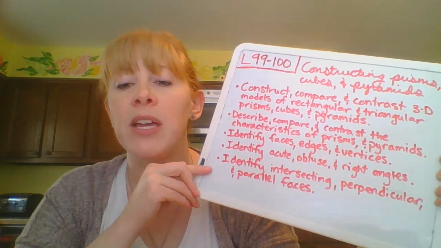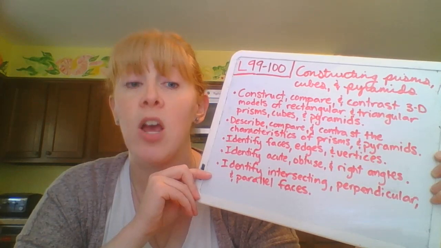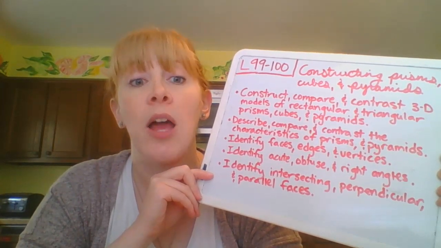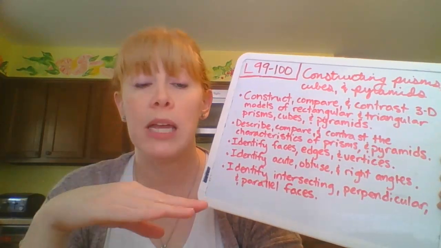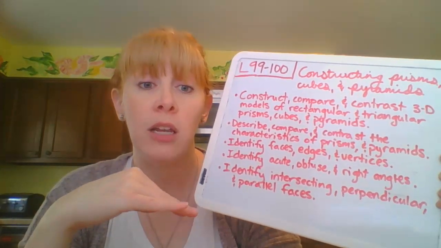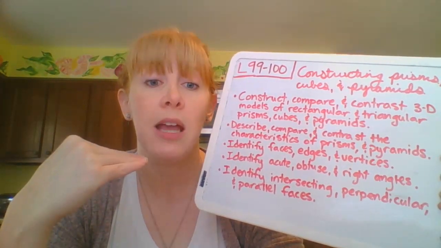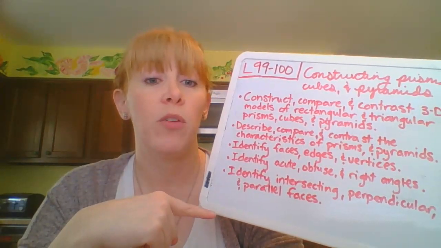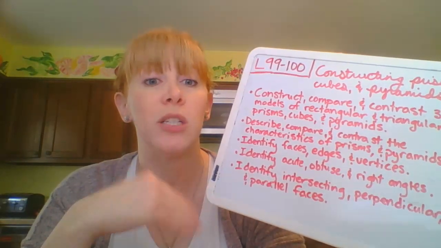And then the same thing with identifying intersecting, perpendicular, and parallel faces. We have done intersecting, perpendicular, where it makes a right angle, and then parallel, where it would keep going on and on forever without touching. We have done that with lines, segments, and rays. We're doing it with faces this time. So it's going to be using something that you already know, just illustrating it in a different way.